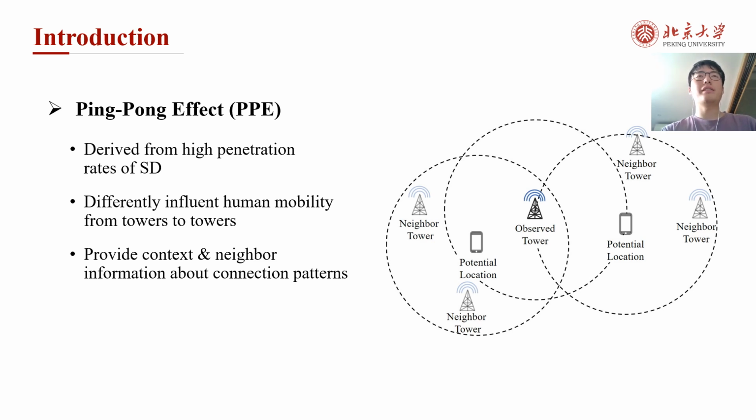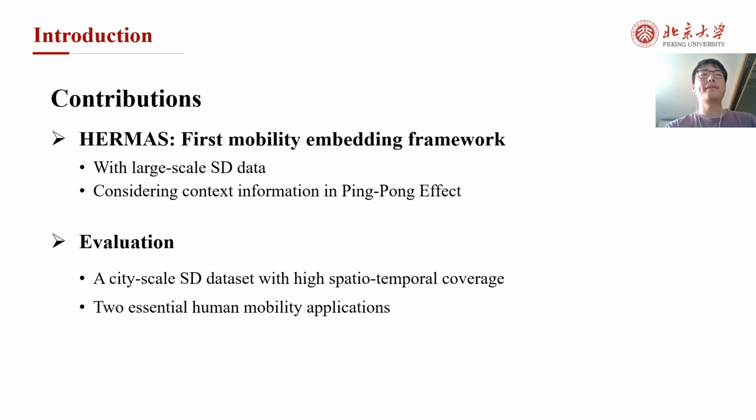We define this phenomenon as the Ping Pong Effect, and the potential connectable towers as neighbor towers. We then investigate human mobility by mining the context information and the neighbor information provided by Ping Pong Effect.